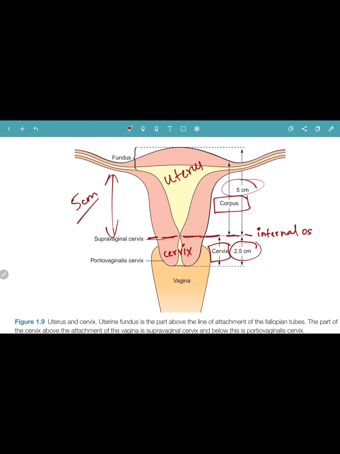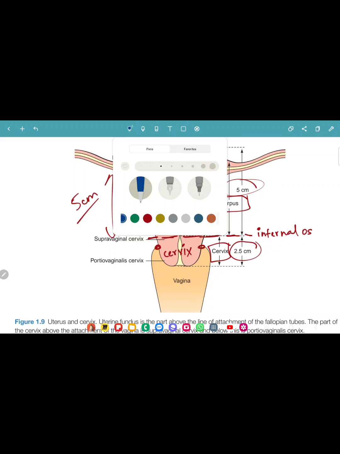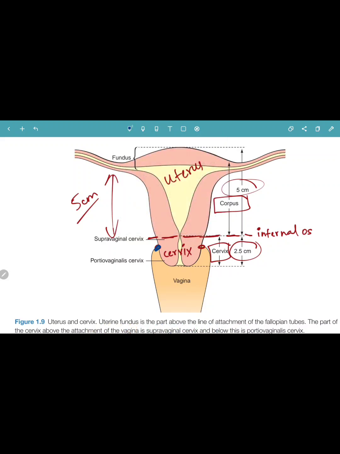Now if you look at the cervix, here you have the attachment of the vagina. The attachment of the vagina separates the cervix into two parts. The upper part is the supravaginal cervix and the lower part is the portio vaginalis cervix.